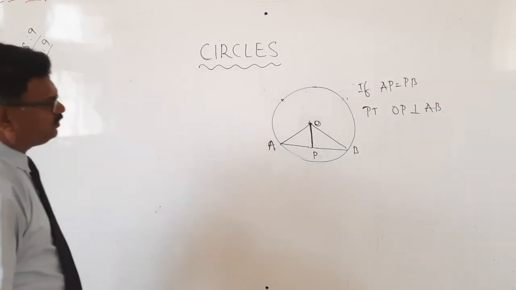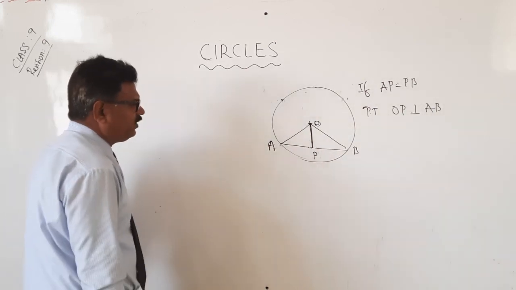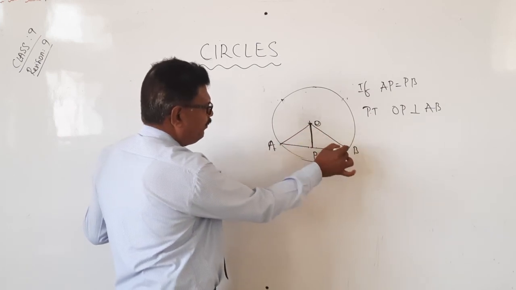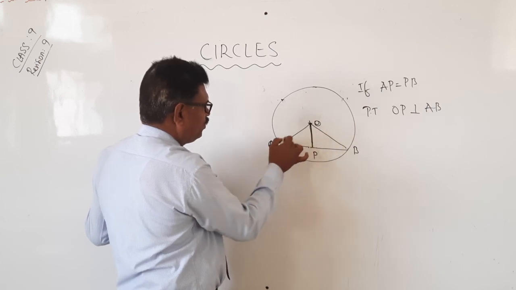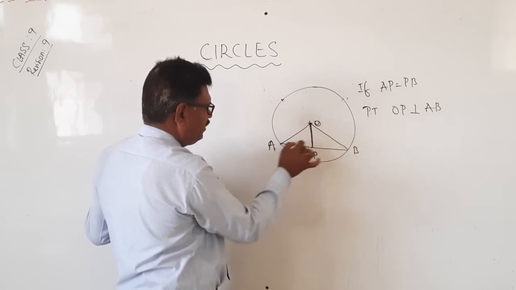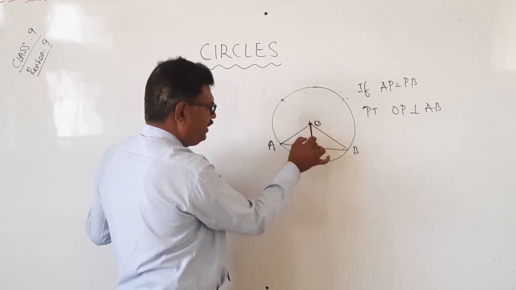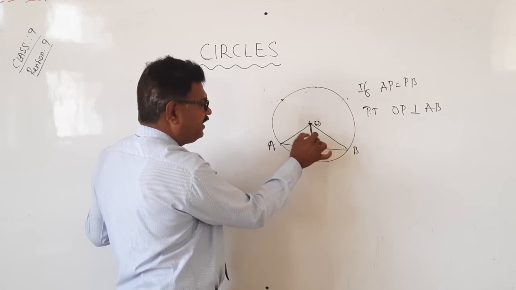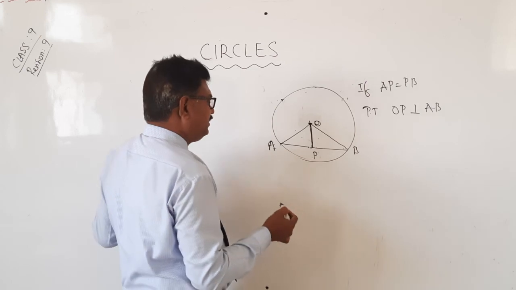Okay? So very simple. Shall we prove? Now we prove. It's very simple. Same. Consider triangle OAP and triangle OBP. OA equal to OB, AP equal to PB, and OP is common. Therefore, these two are congruent by SSS condition.